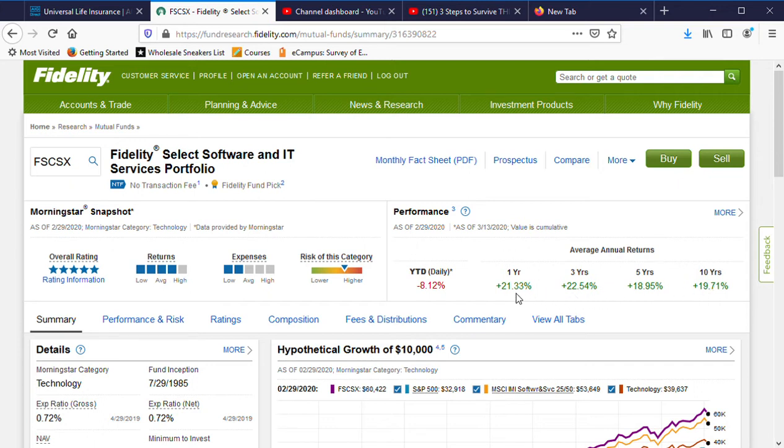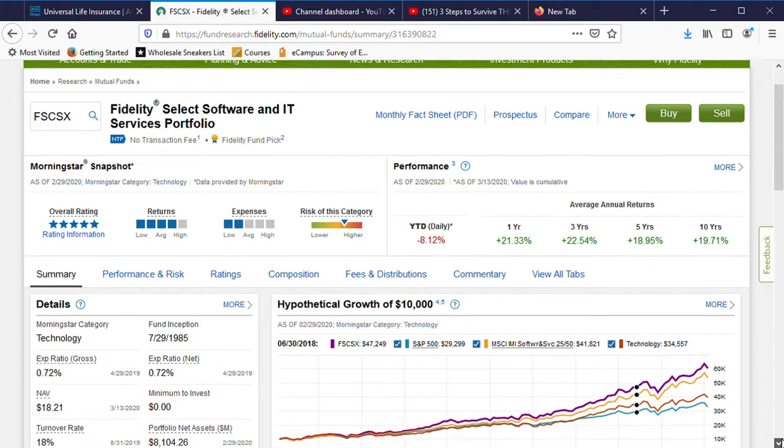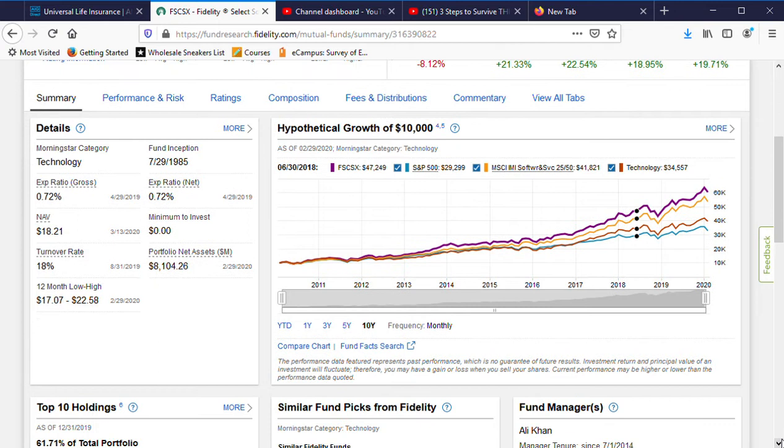Look at that. So the first thing, we're looking at the returns. Returns are high. It's a 5-star rating, which is really great. And then look here. They've been in the stock market since 1985, which is a very stable company.